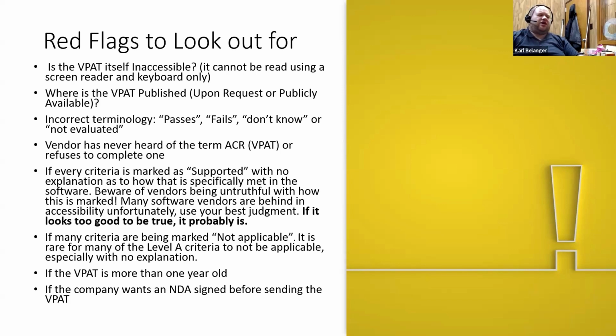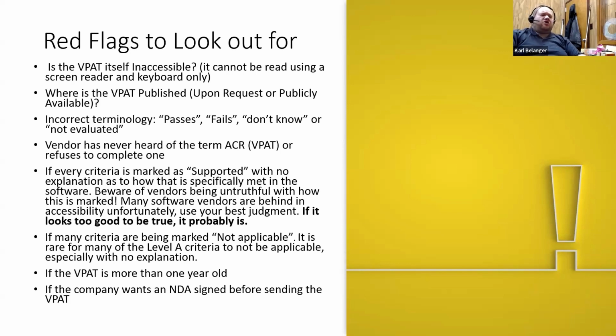If the vendor doesn't know what an ACR or VPAT is or won't complete one. If every criteria is marked as supported, if it's too good to be true, it probably is. That can be a major concern if everything's supported and there's no explanation.